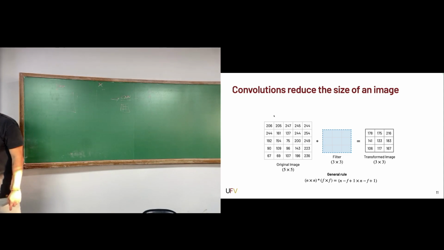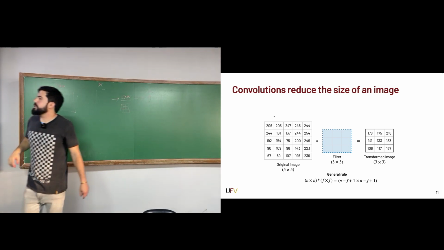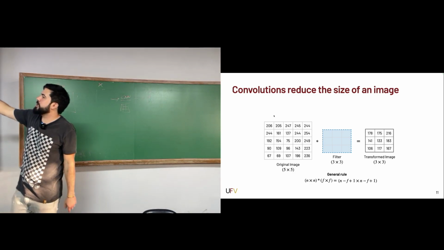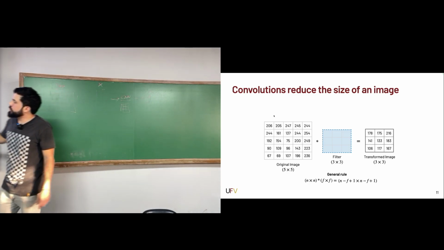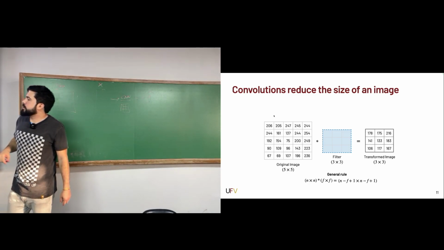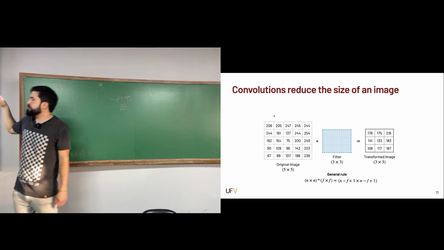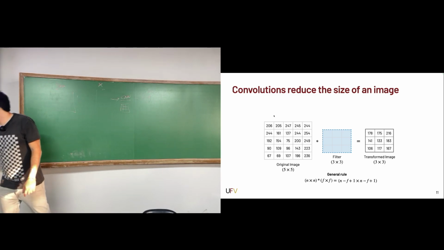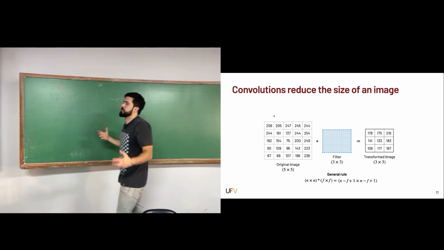So for a 3 by 3 filter, f is equal to 3. And n means the width and height of the image, because this is a square image. So if I have a convolution of an n by n image by an f by f filter, that would result in an n minus f plus 1 wide image.